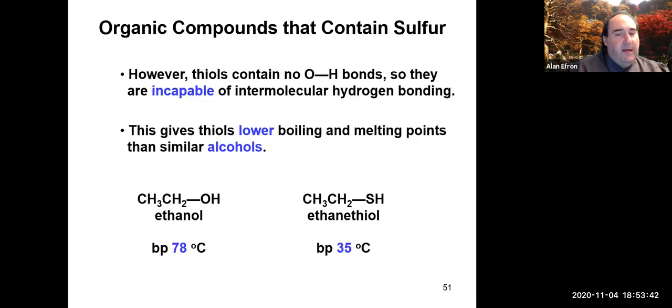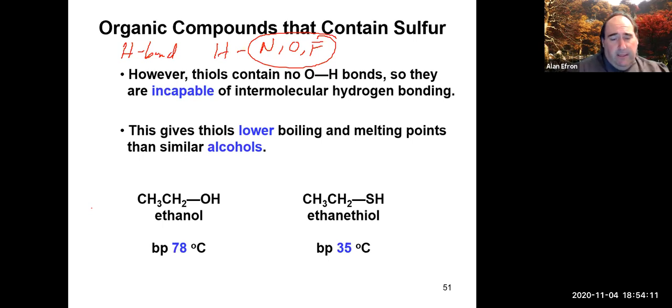But thiols do not contain an OH group, so they cannot hydrogen bond. So remember, in order for something to hydrogen bond, you do need a bond between hydrogen and either nitrogen, oxygen, or fluorine. You need those guys involved there to allow something to hydrogen bond. And as you can see here, we see a much lower boiling point for a thiol than an alcohol.